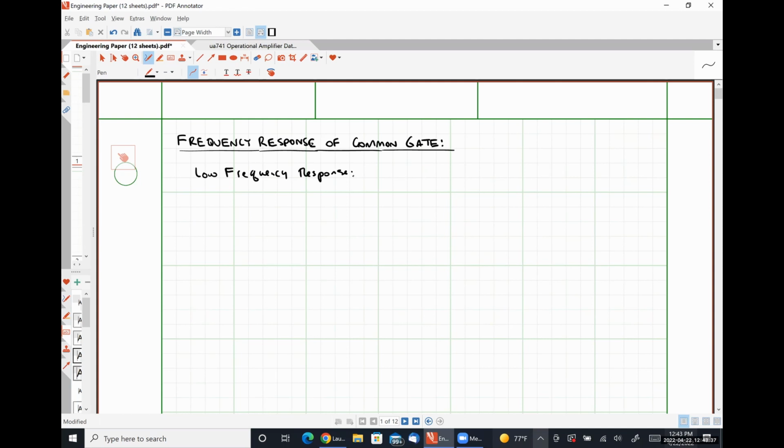And our circuit of interest will be the fully biased common gate amplifier. So something along the lines of this. Here we have some resistor RD. For a common gate amplifier, we always take our output voltage at the drain.